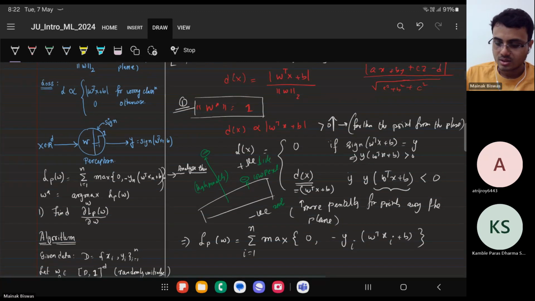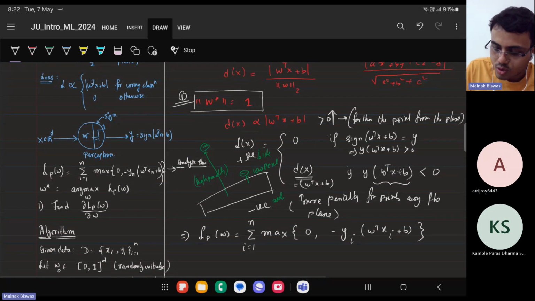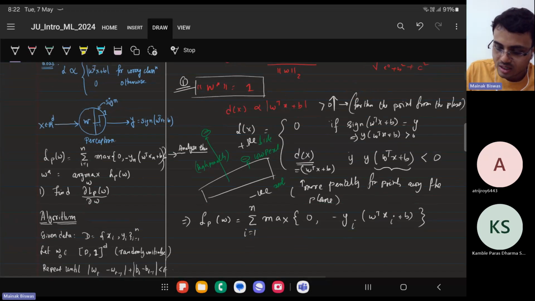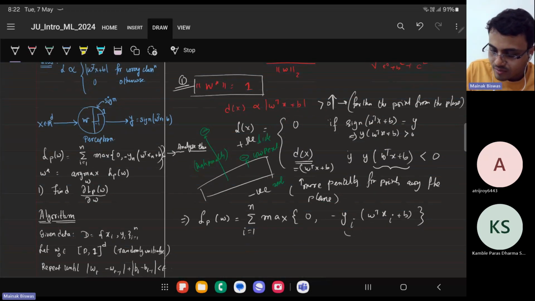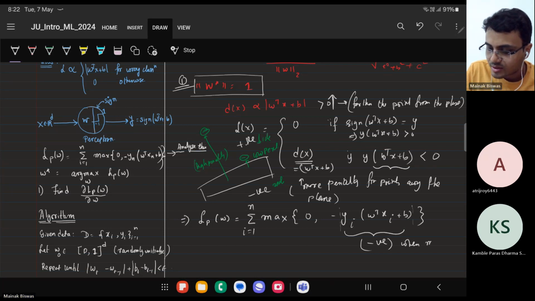So that is w transpose x plus b. Now if you are misclassifying, you want to put a loss. Do you agree that this part will be negative when misclassified, right? Yes or no?